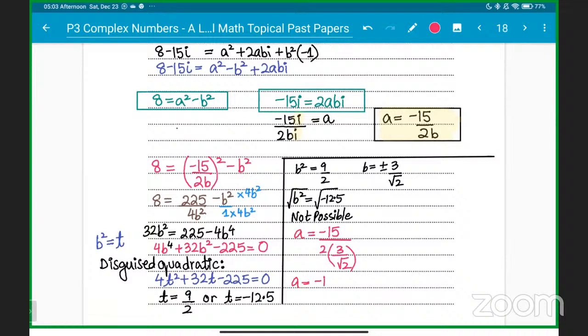It will be minus 15 square root 2 divided by 6, which will be minus 5. 3 5s are 15 and 3 2s are 6. So minus 5 over square root 2 is one value of a, and the other value of a will be plus, so it is plus minus both of them. Plus minus 5 over 2 square root 2. Is this clear? Got it? Any problem?